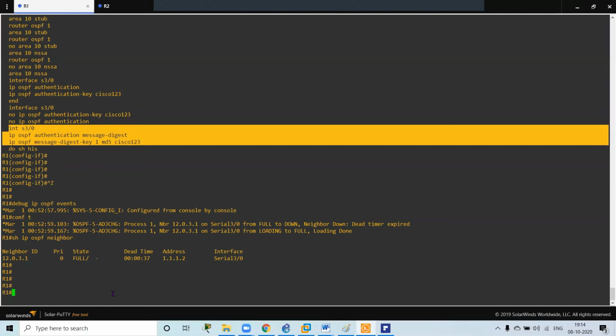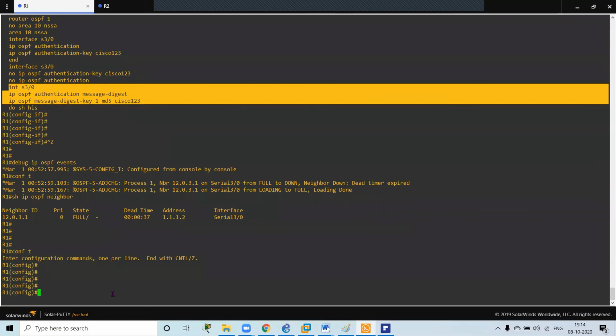Now authentication at process level. Router OSPF 1.